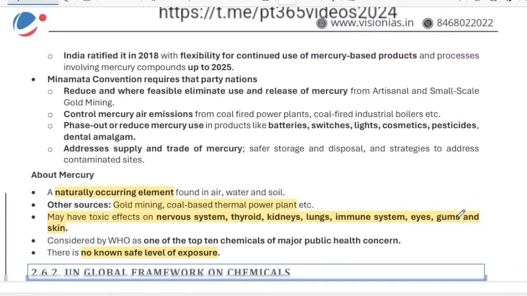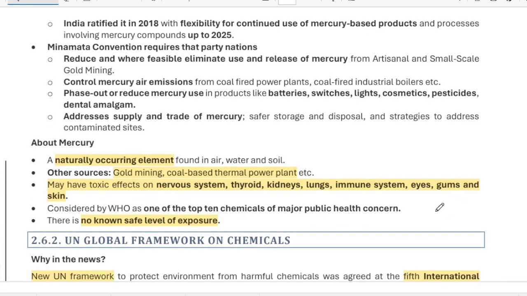Now, moving ahead: India has already ratified this Minamata Convention. You must remember it. The Minamata Convention requires the parties to reduce the use and release of mercury. You can also understand by logic that the Minamata Convention must be reducing the use of mercury.